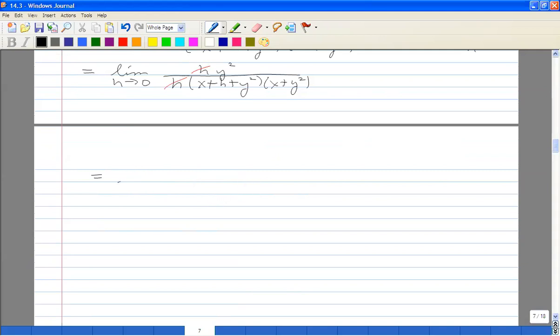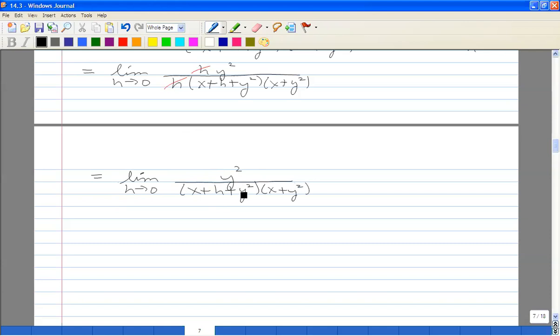The limit as h goes to 0 of y squared over x plus h plus y squared, x plus y squared.